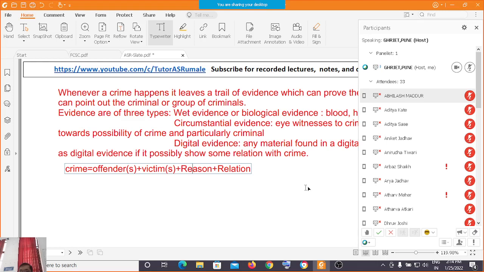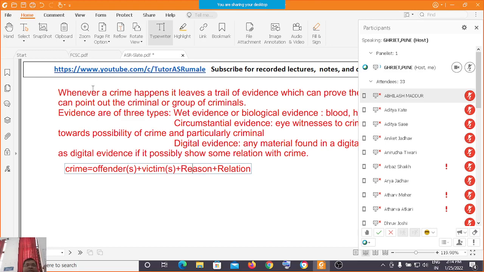Only 1 to 5% of crimes are those where the victim may not know the criminal directly. So these are the things.